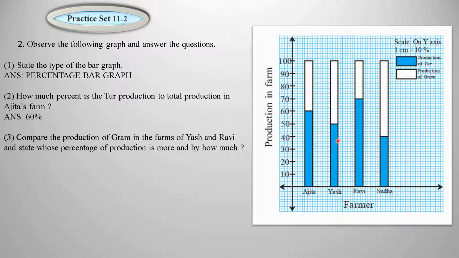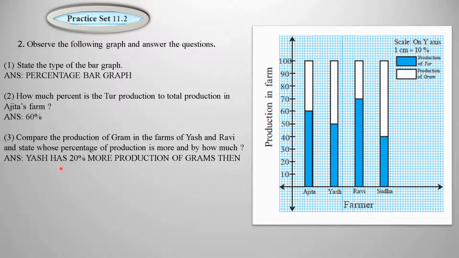For the bar corresponding to Yash, it says 50% production of tur and 50% production of grams, while the bar that refers to Ravi says it has 70% tur and 30% production of grams. So from here we can conclude that Yash has more production of grams compared to Ravi.